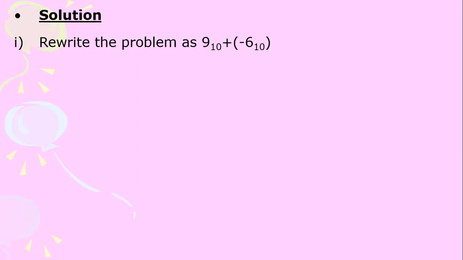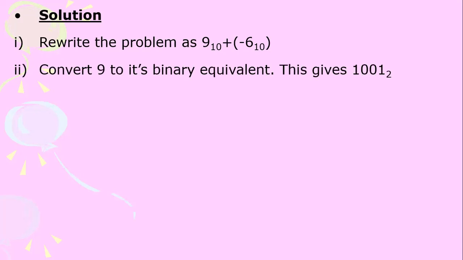So in this case, proceed as follows. Number one, rewrite the problem as follows: 9 plus minus 6. Then convert 9 to its binary equivalence.